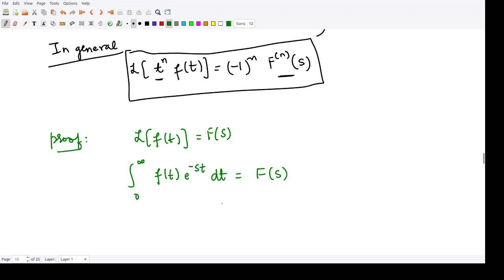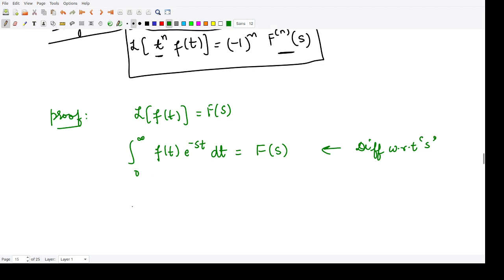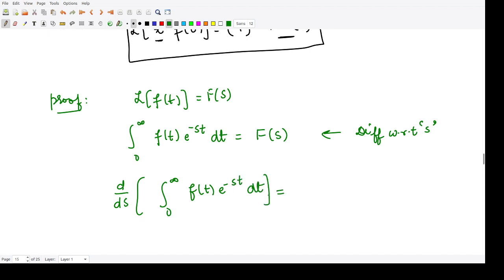So now what I can do is differentiate this with respect to s on both sides. On the left hand side, when I have to differentiate this whole integration term, integration from 0 to infinity f of t e to the power minus st dt, I have to apply the Leibniz rule for integration.